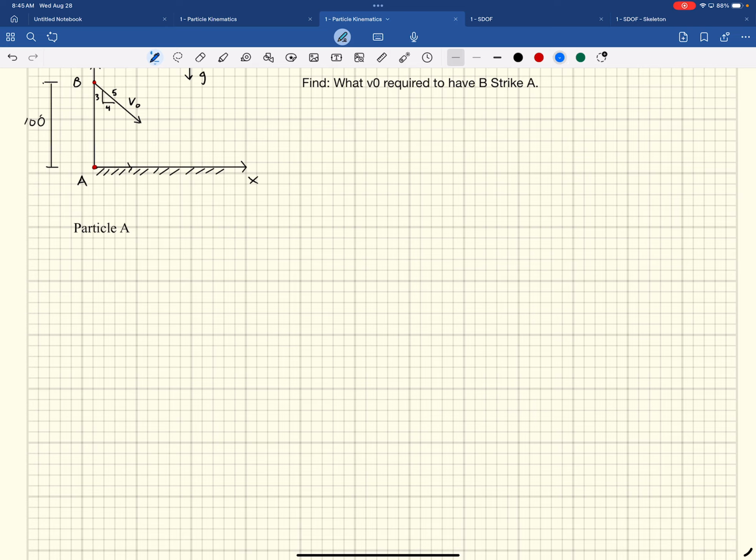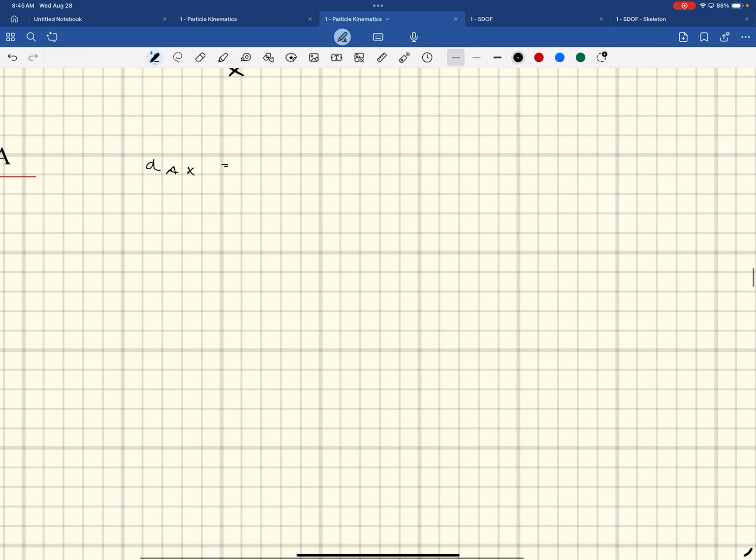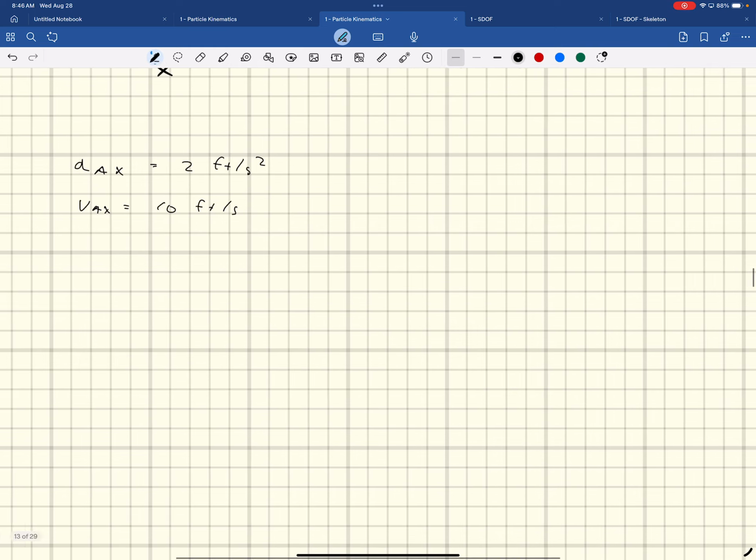Right. So these are the equations we derived before up above, so we could just jump right into using those. For particle A, we have AAX equal to 2 feet per second squared, and VAX equal to 10 feet per second when it starts out.